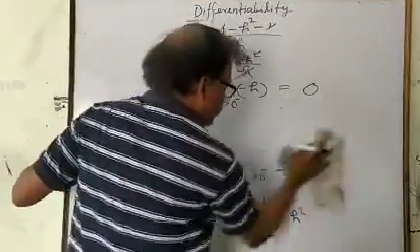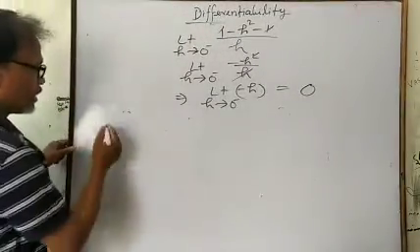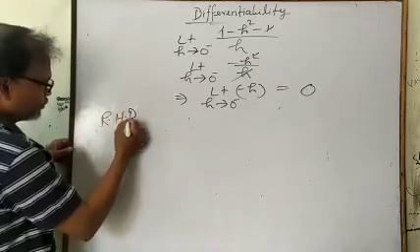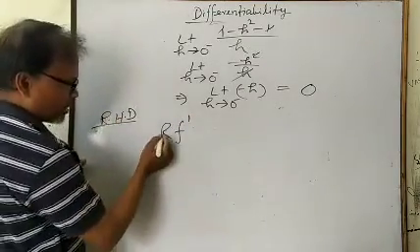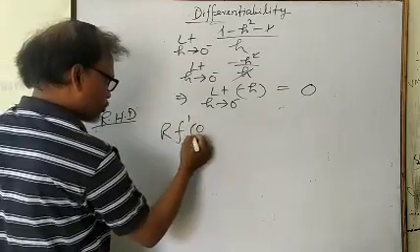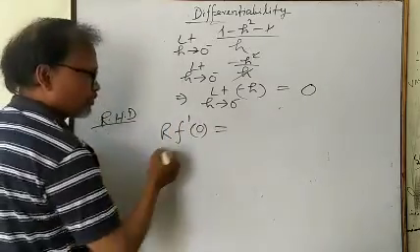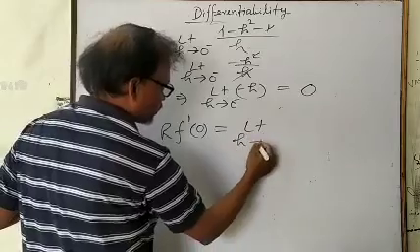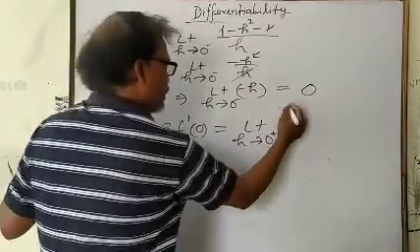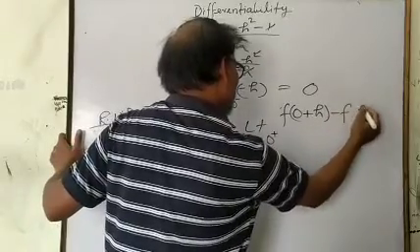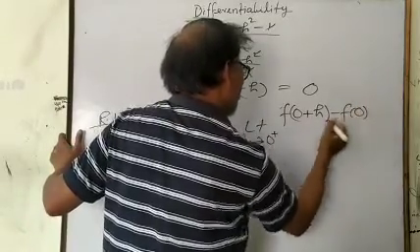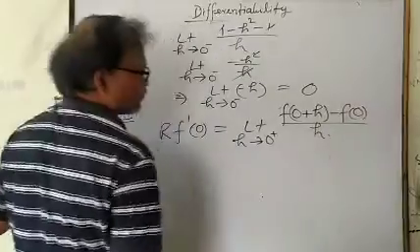Second, you have to find the right hand derivative. For the right hand derivative, this is the method to write: f dash at what point you have to find, that is 0, limit h tending to 0 plus, f(0 plus h) minus f(0), whole upon h.